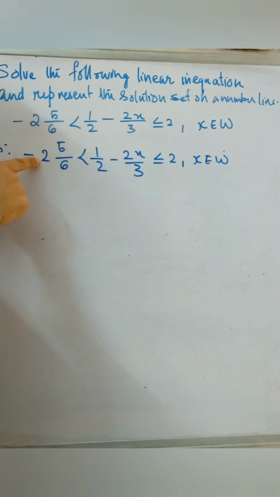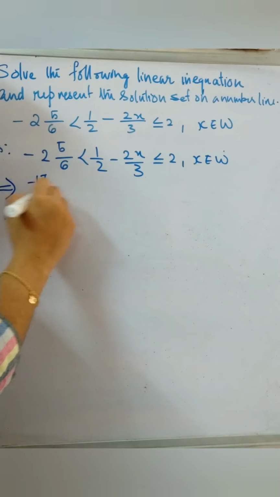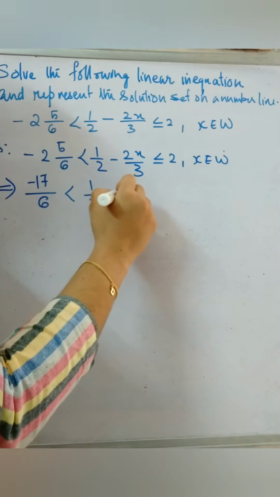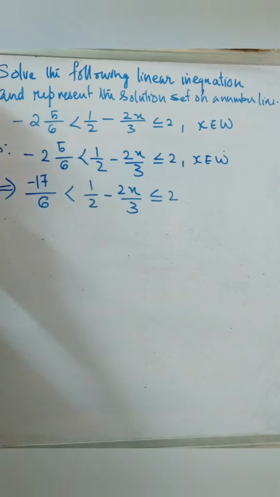So this will become 2 into 6 is 12, and 12 plus 5 is 17. So minus 17 by 6 is less than 1 by 2 minus 2x by 3 which is less than or equal to 2. So in the first step I just converted this mixed fraction into an improper fraction.